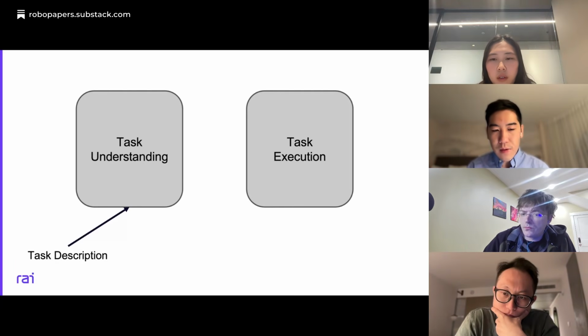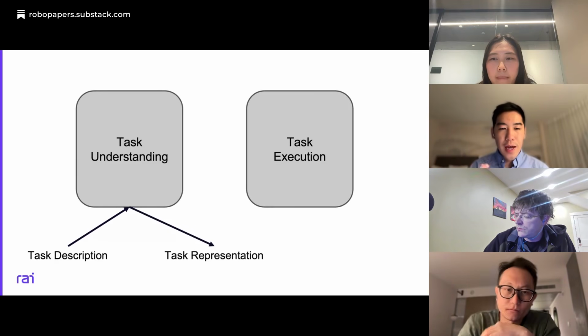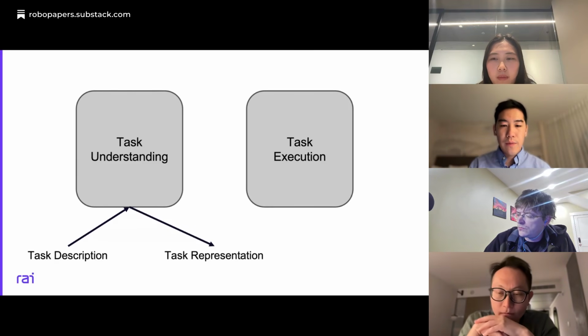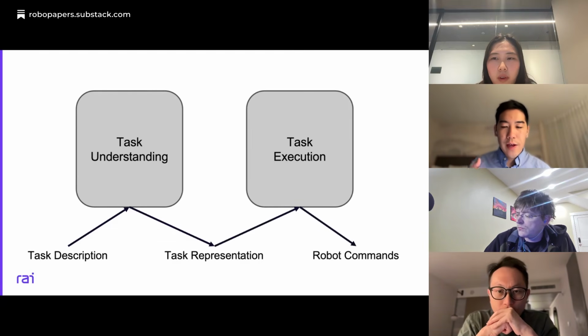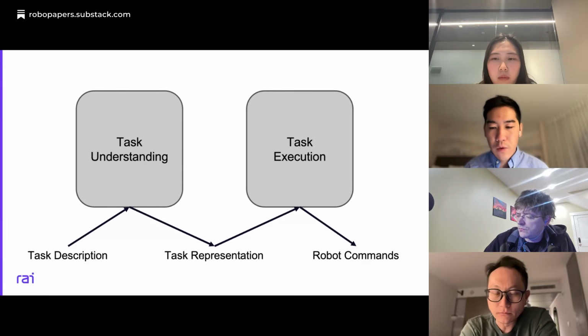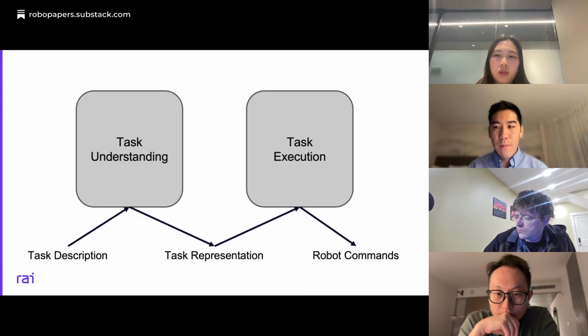Given this task description, the task understanding module converts it into a task representation. And from this task representation, we have a task execution module, which converts the representation into a set of robot commands. So this is a decoupled way.